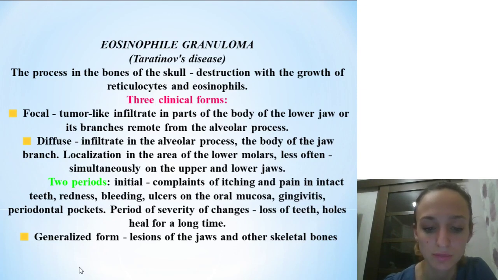The diffuse form develops in the alveolar process and gradually spreads to the body and to the ramus of the mandible. Usually the process is localized in the area of the lower molars. More rarely, it affects the same area of the upper or lower jaws.